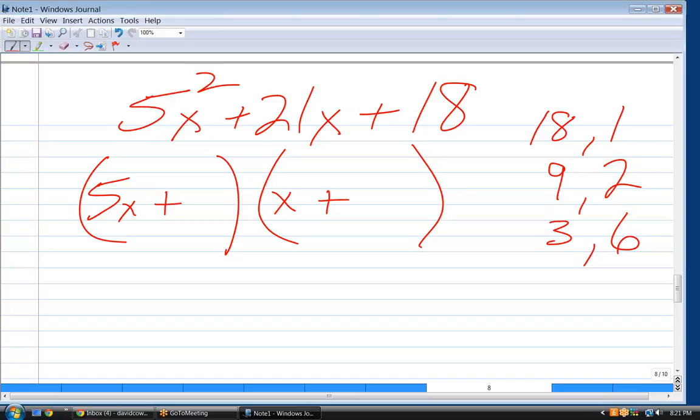Still going to try the closest numbers. Okay, I'm going to start with 3 and 6. Obviously, if I put 6 there, I got a problem, right? Right, because you got 30. I'm already at 30, and I'm not backing up. So let's try 3 there, and 6 there. Okay. Does that work? It does.